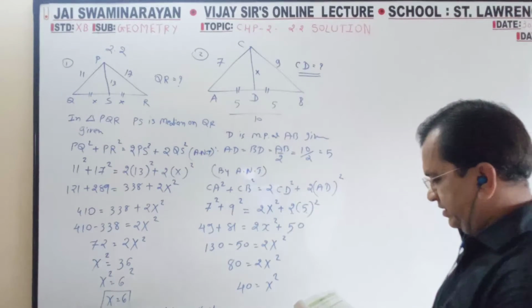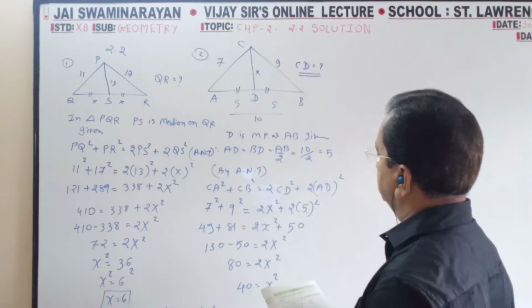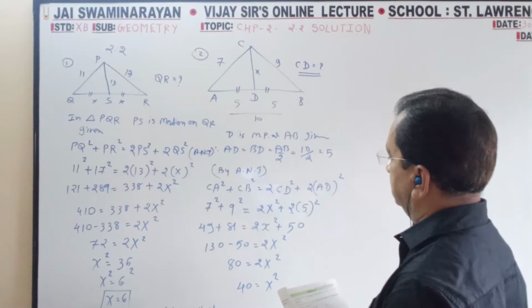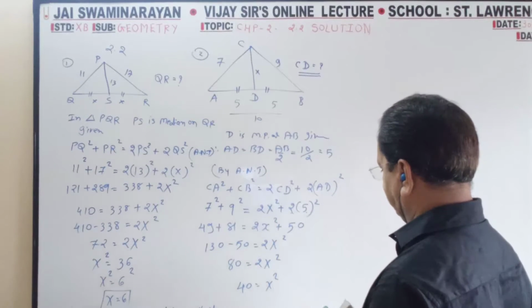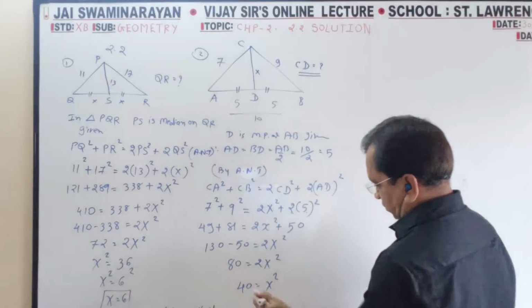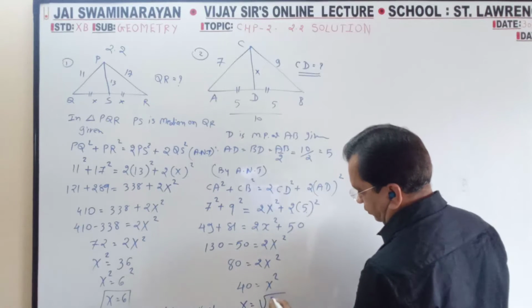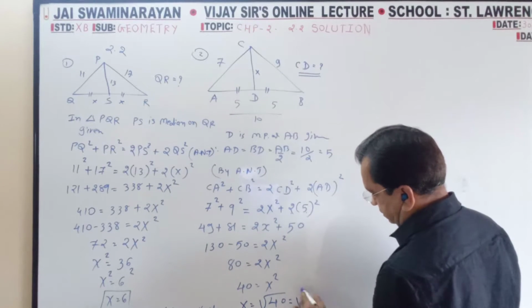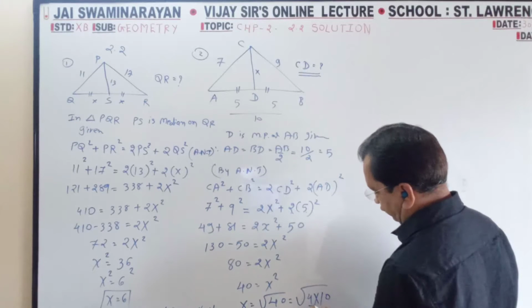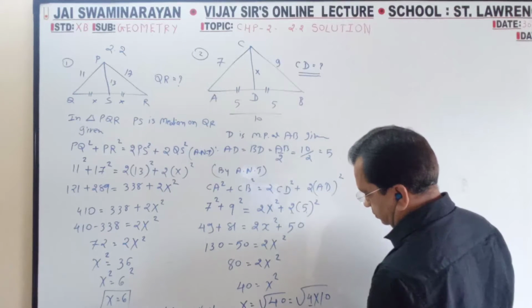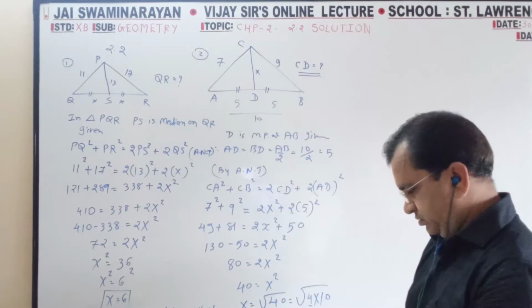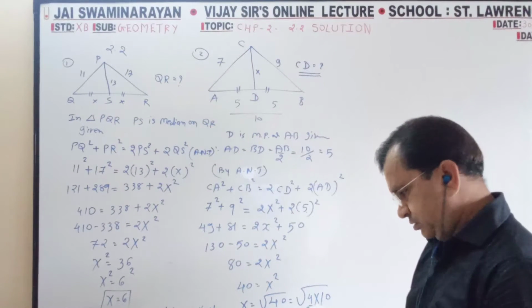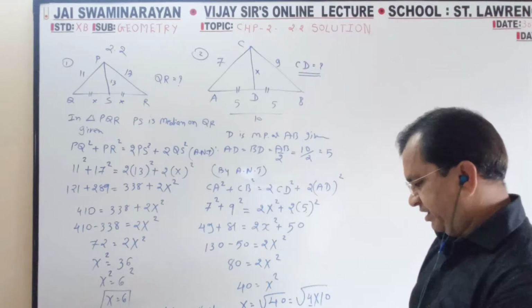AB is equal to 10. So x is equal to under root 40. It is 4 times 10, you can take 4 out. Let me check the answer. It is correct, 2 root 10. It is 100% correct.